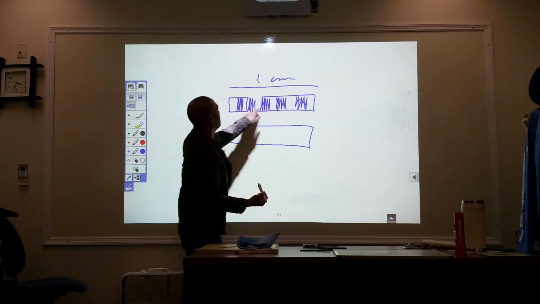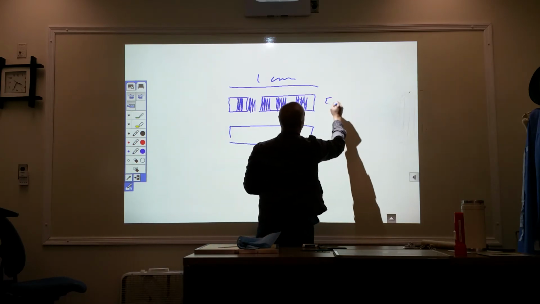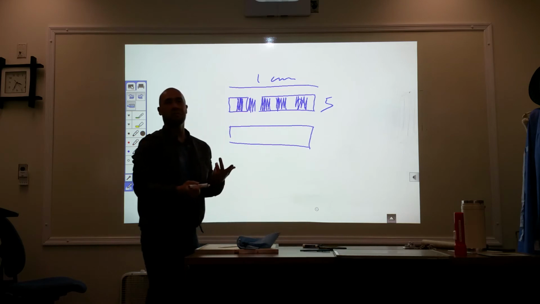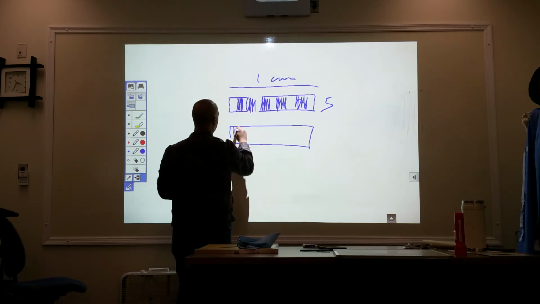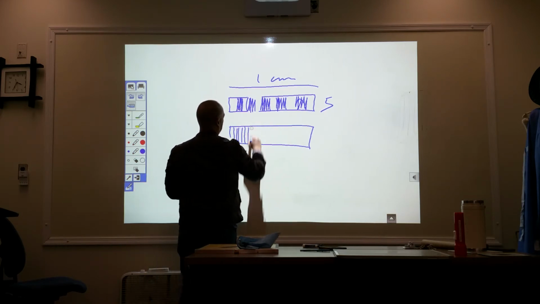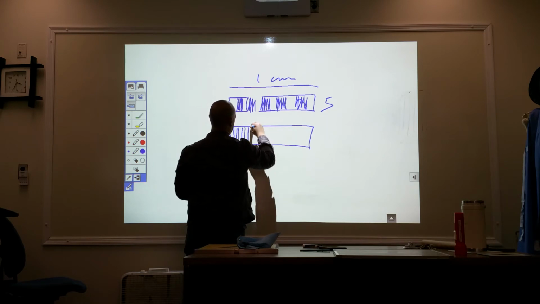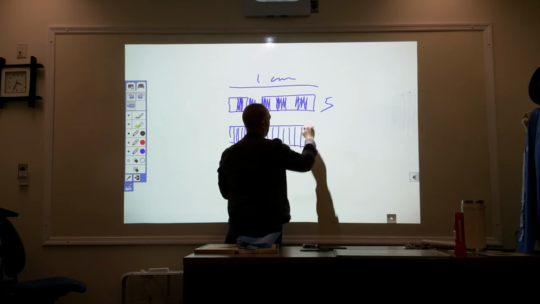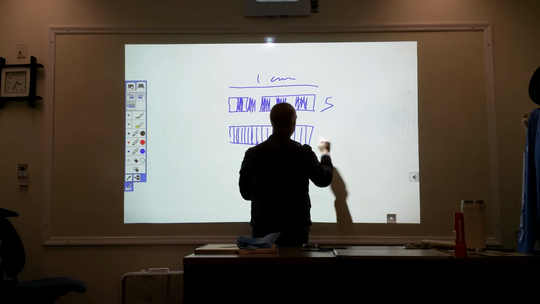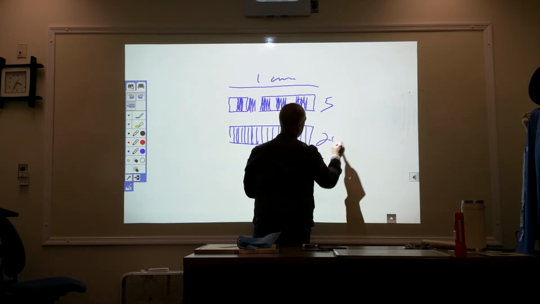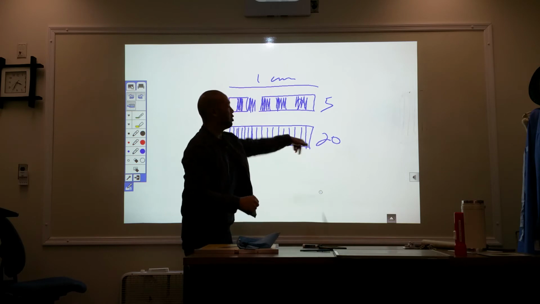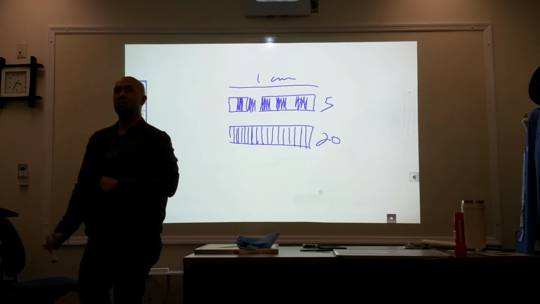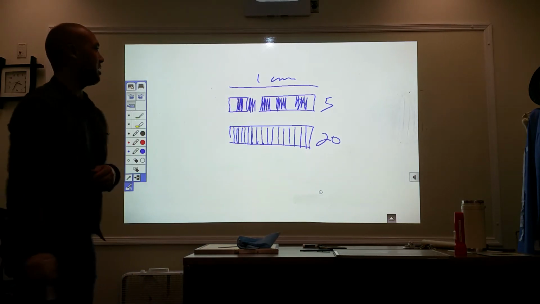So here I only have 1, 2, 3, 4, 5, but they're thicker, right? If they're thinner, I can accommodate more strips. Let's just call this 20. 5 thick ones or 20 thin ones. All right, that's your grid frequency.